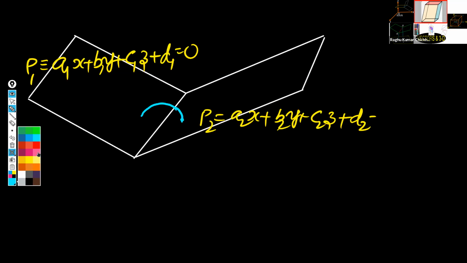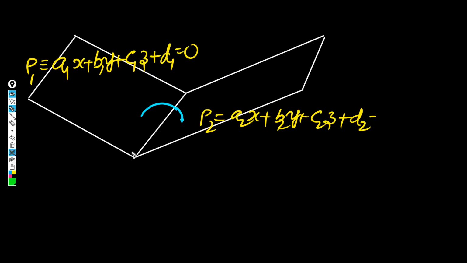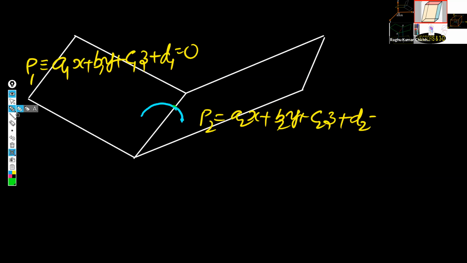One thing you have to understand is that plus and minus again depend on conditions, which we will be discussing. But for now, I'm making you understand how the angular bisector will be.